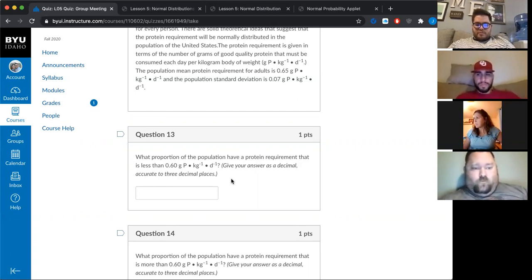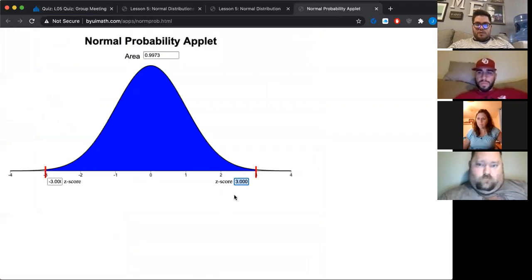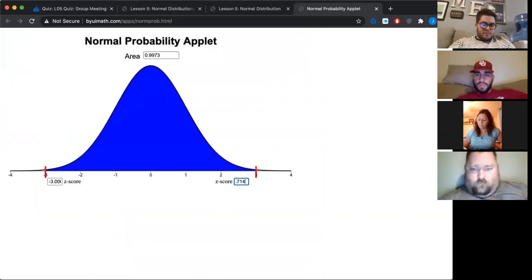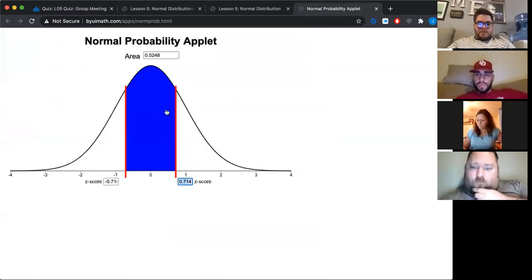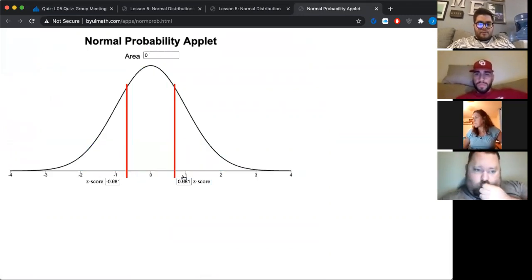And then we'll divide that by the standard deviation of 0.07, which is equal to -0.714 for our z-score. And then we'll put that in our applet.